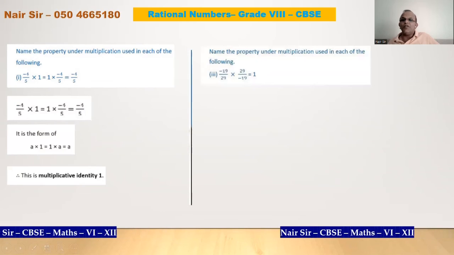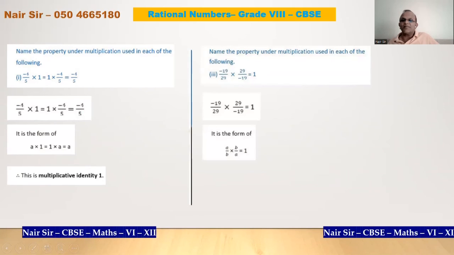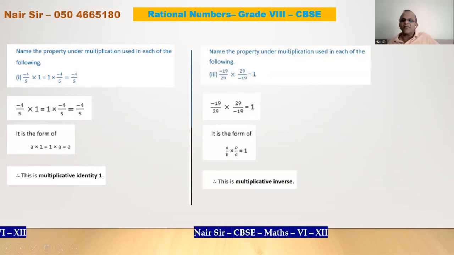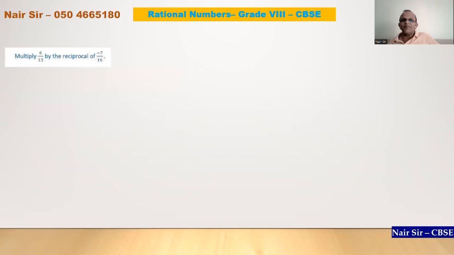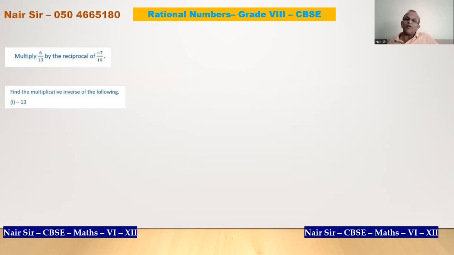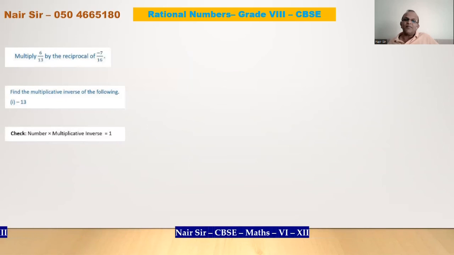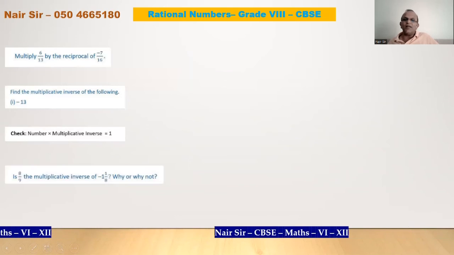Name the property used in this. Multiply this by the reciprocal of this. Find the multiplicative inverse of the following. Check that the number multiplied by the multiplicative inverse is equal to 1.